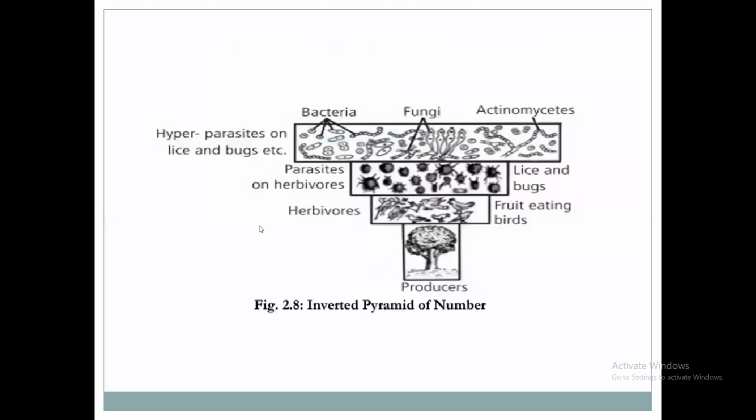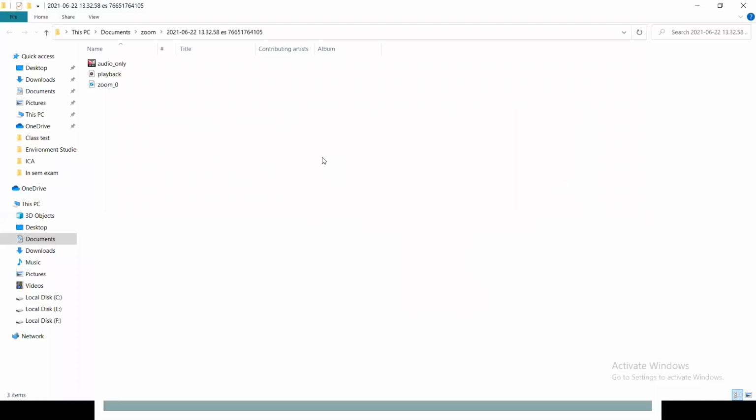In this, the number of individuals are increasing towards top, and they are depending upon each other for their survival. Every level has its own food. They depend upon the lower level. Top level will depend upon the lower level.